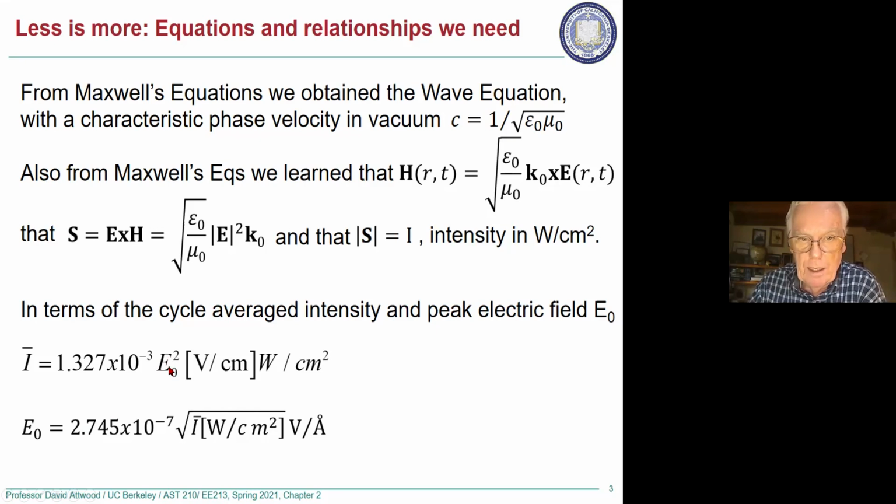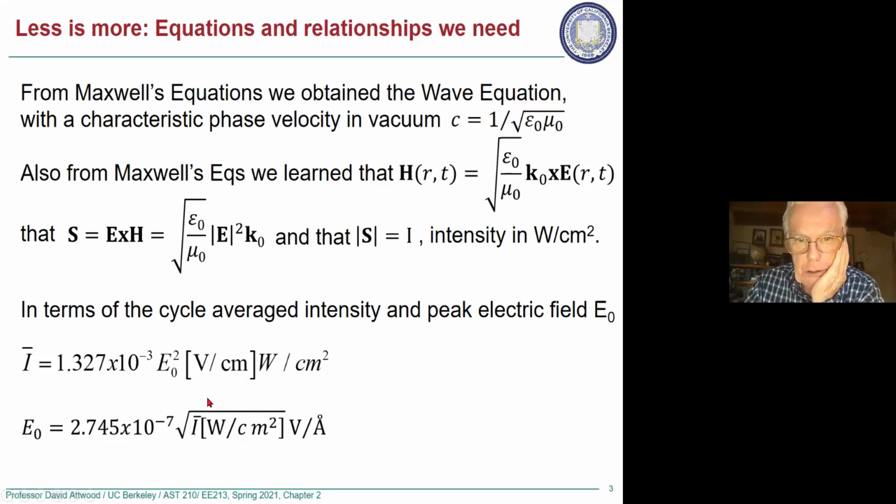Okay, here it's a scalar. And this is the intensity averaged over a cycle, okay? Which winds up being over a sine squared or a cosine squared. So this is the relationship between intensity and electric field. And we'll wind up using it many, many times in the class. For the high harmonic people, it's quite important, okay? And if you reverse this, you have a relationship for what the electric field is when there's a certain intensity. And you'll use these relationships in the homework, which goes out on Friday, okay?